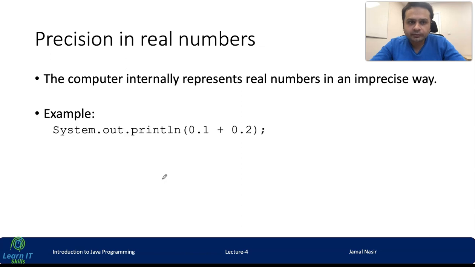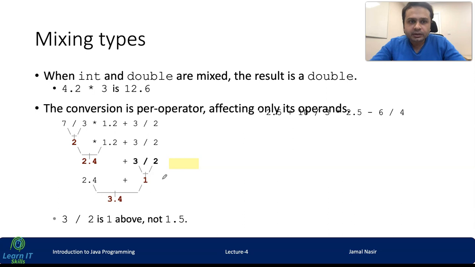So if you print System.out.println 0.1 plus 0.2, you will get some sort of imprecise answer. Mixing types, yes, we can mix int and double, and obviously when we mix int and double, we will get double.